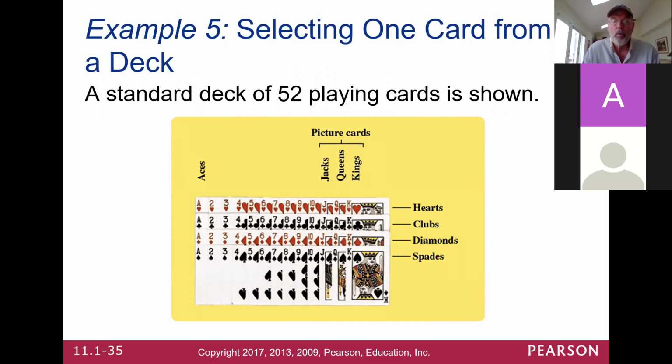All right, so each card has an equally likely chance of being selected. Is that true? Yes. Okay, and if you said, well, what is the probability of selecting any one of those cards?